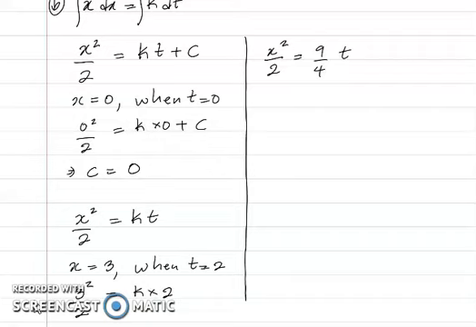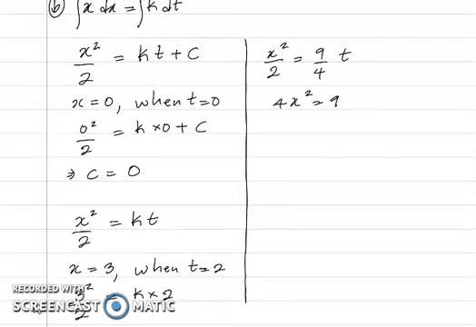All right, we still have that last part of the question to answer. So for that reason, I'm going to make t the subject of the formula. So I'm going to cross multiply and get 4x squared is equal to 9 times 2, which is 18t. Divide both sides by 18. I'm going to get t is equal to 2x squared over 9.